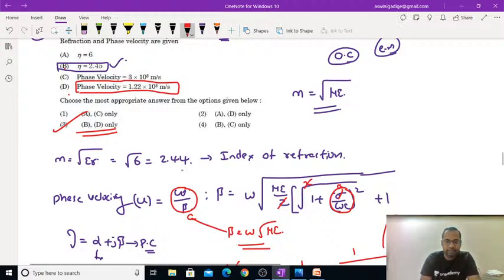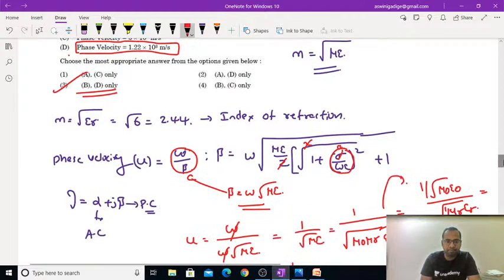Did you understand, guys, here? Okay. So first of all, you have to know that the refractive index can be taken as root of mu into epsilon, that means mu r into epsilon r here. Based upon the lossless dielectric medium and the given data, we are taking like this, and then substituting the values, we will get the index of refraction.